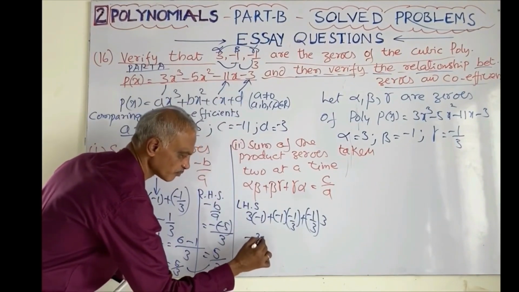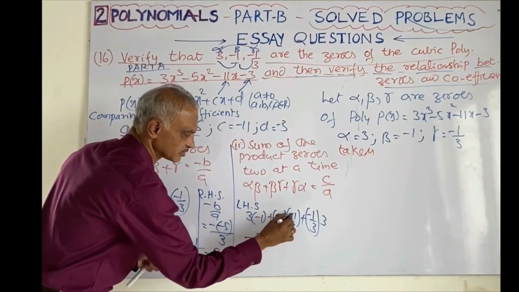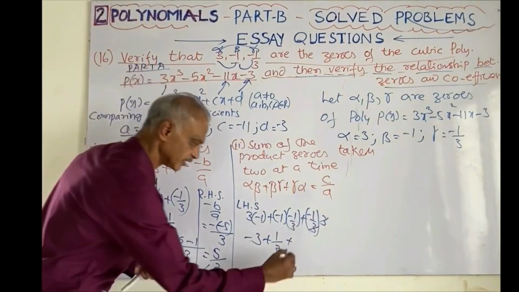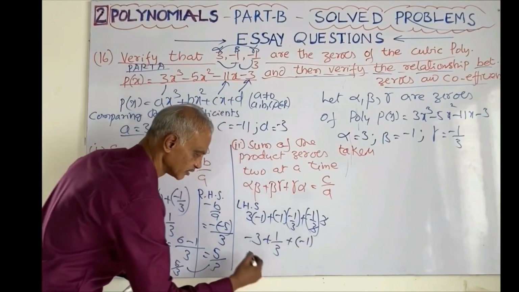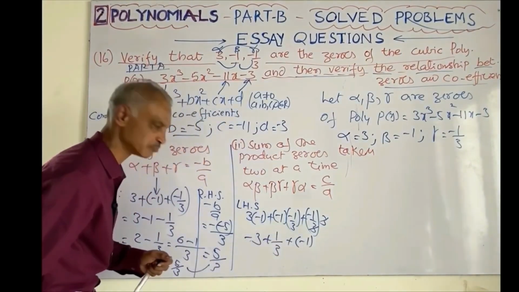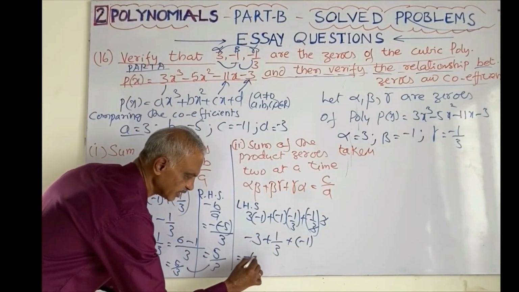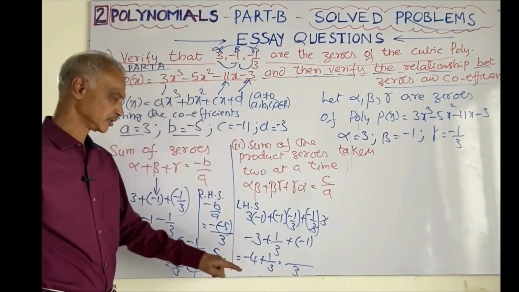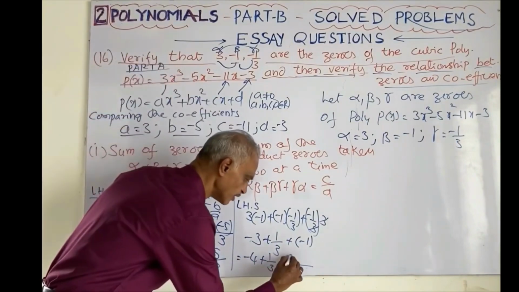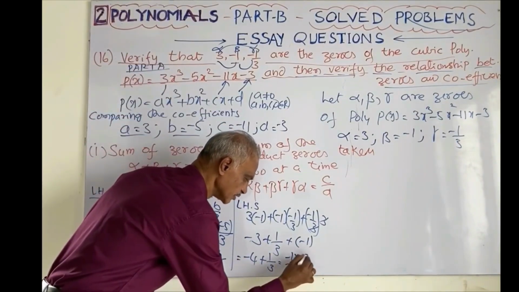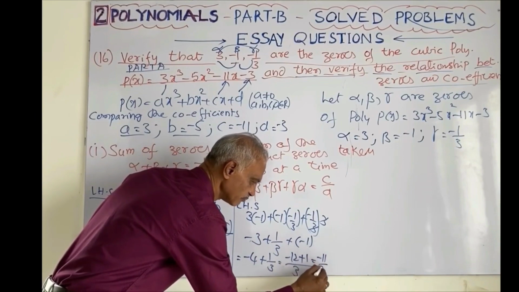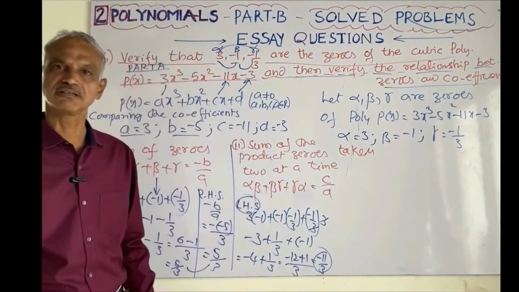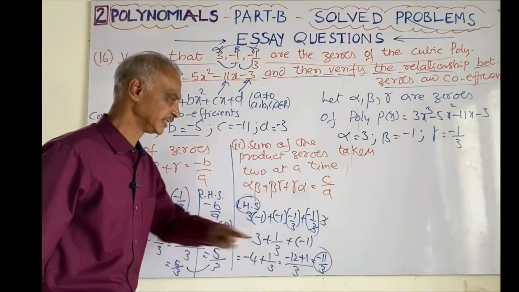Minus 3, minus into minus plus 1 by 3. 3 3 cancel, you are getting minus 1 here. Minus 3 minus 1 is minus 4, minus 4 plus 1 by 3. You take LCM 3. 3 4s are 12, minus 12 plus 1, minus 11 by 3. LHS I got minus 11 by 3.